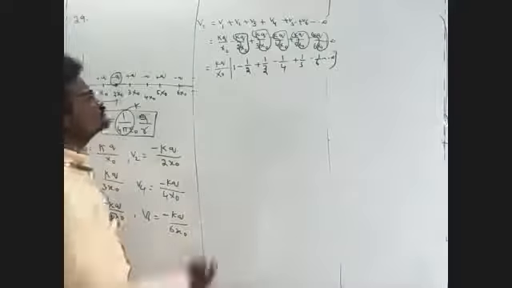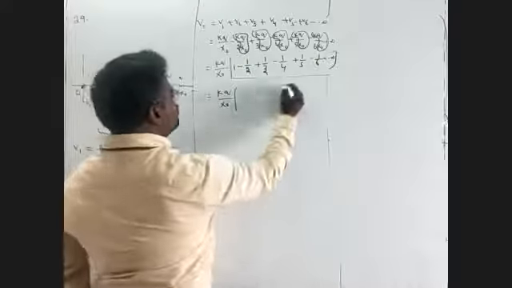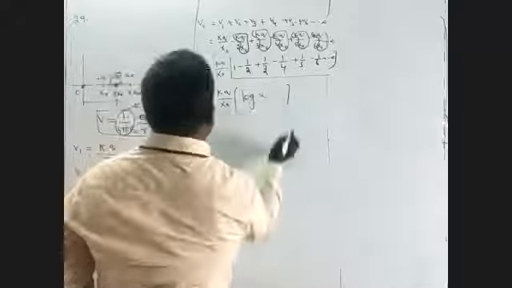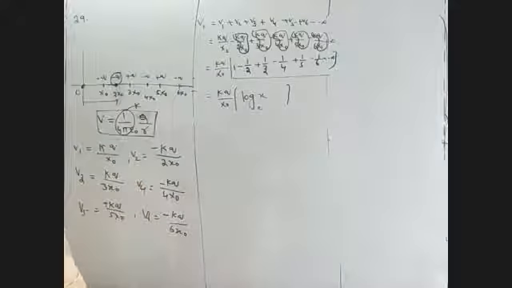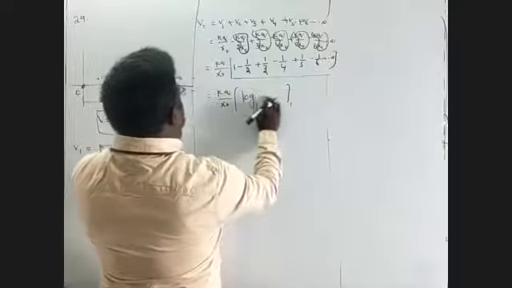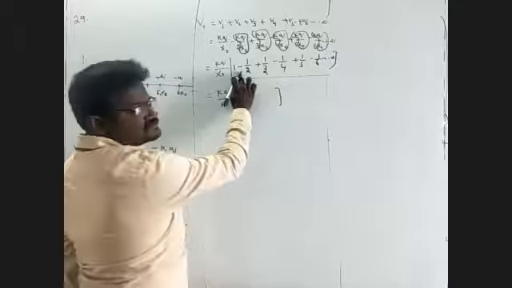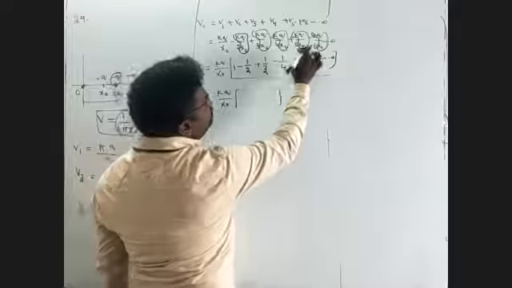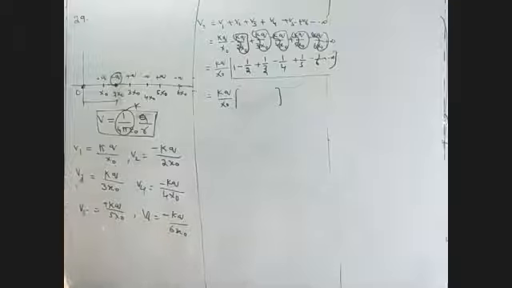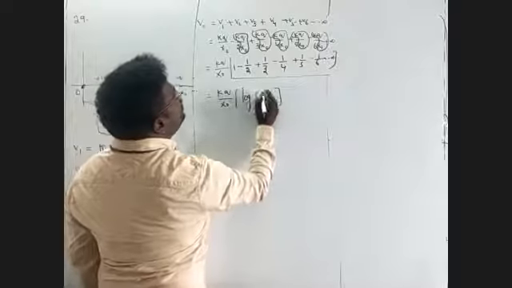This series is the expansion of log of 1 plus x, which is log base e. So 1 minus 1 by 2 plus 1 by 3 minus 1 by 4 plus 1 by 5 minus 1 by 6 and so on equals log 2 base e.